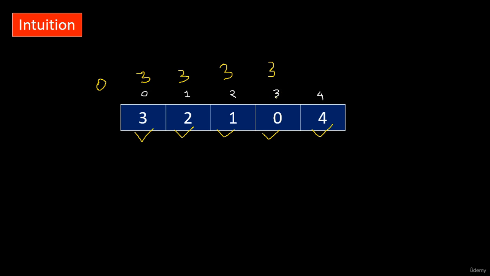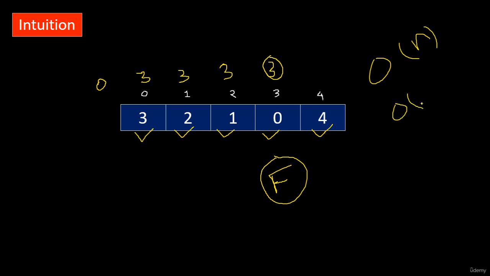We cannot go forward. So reachable is not greater than or equal to the last index. So we cannot reach the last index for this given integer array. So we'll return false. This is the solution to this problem, and the solution will take big O of n time complexity and big O of 1 space complexity.